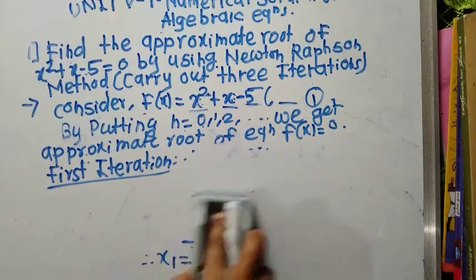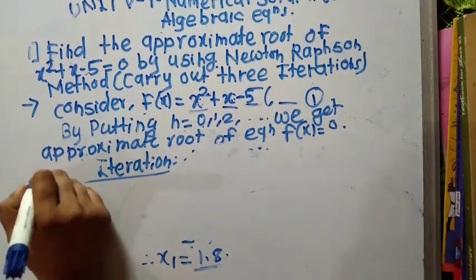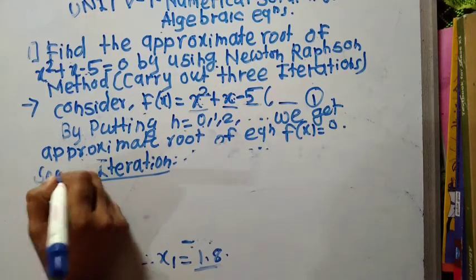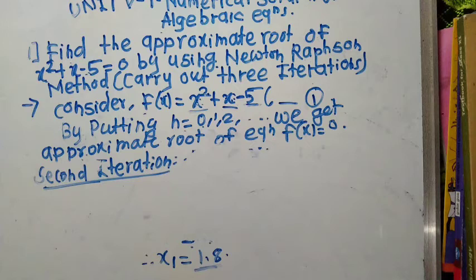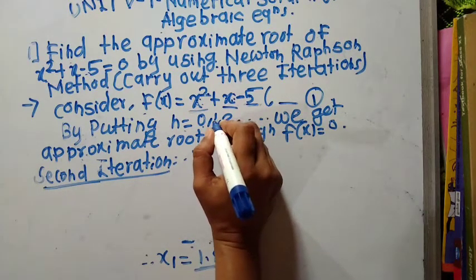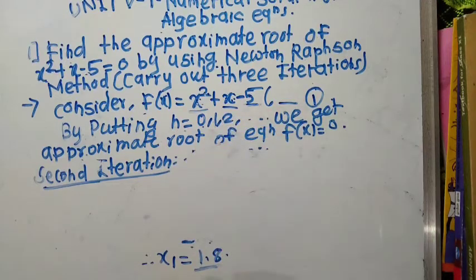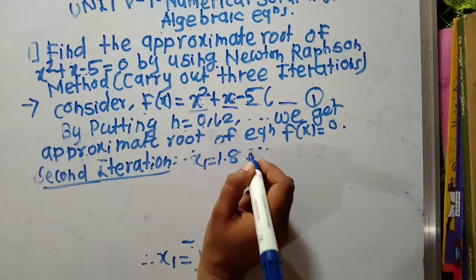Put second iteration. Put x1 is equal to 1.8.